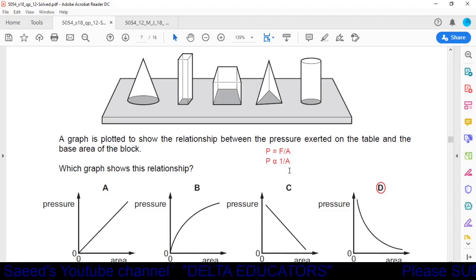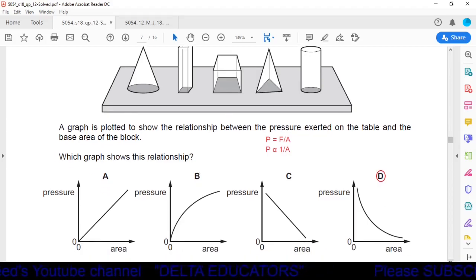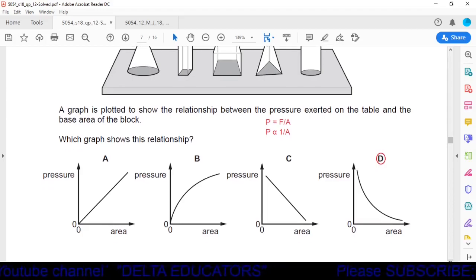So our possible options are B and D only. A and C cannot be, because if we plot a graph between two physical quantities that are inversely proportional, the graph cannot be a straight line. It will be a straight line when two quantities are directly proportional to each other. Now here our possible options are B and D.